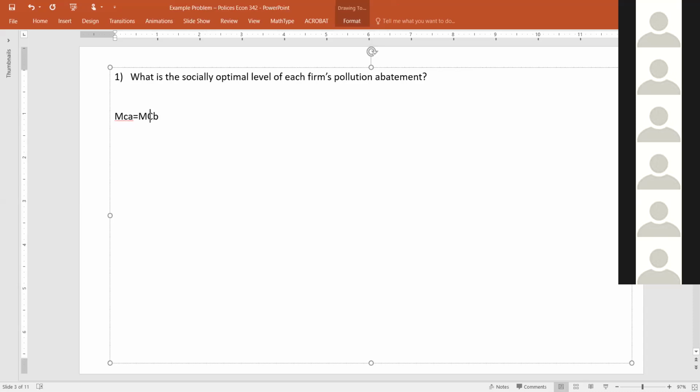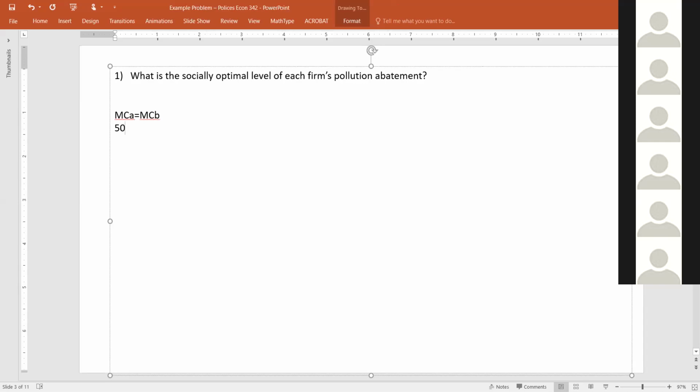And just to punch everything together on this slide, 50 plus 3Q sub A equals 20 plus 6Q sub B. Moving that 50 over to one side, we're going to see 3Q sub A equals minus 30 plus, oops, sorry, I got this 6Q sub B up on the wrong line.